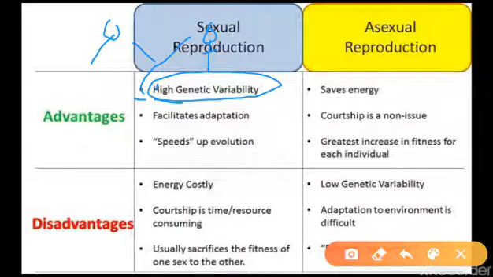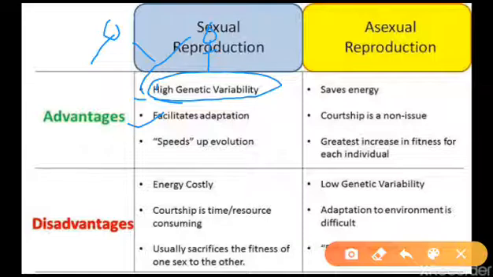That means the genes differ over there. Another one is that it facilitates adaptation. When there is high genetic variability, adaptation is facilitated. That means they will adapt to the environment very fast.